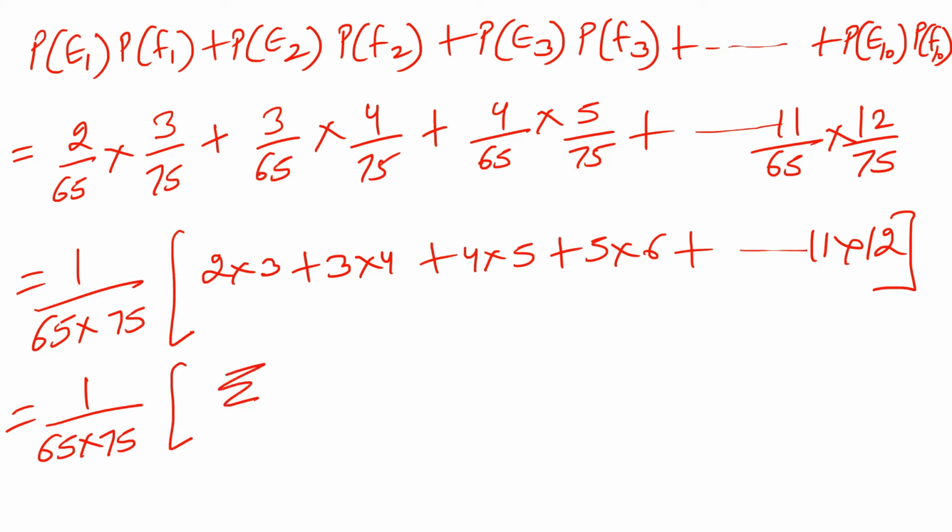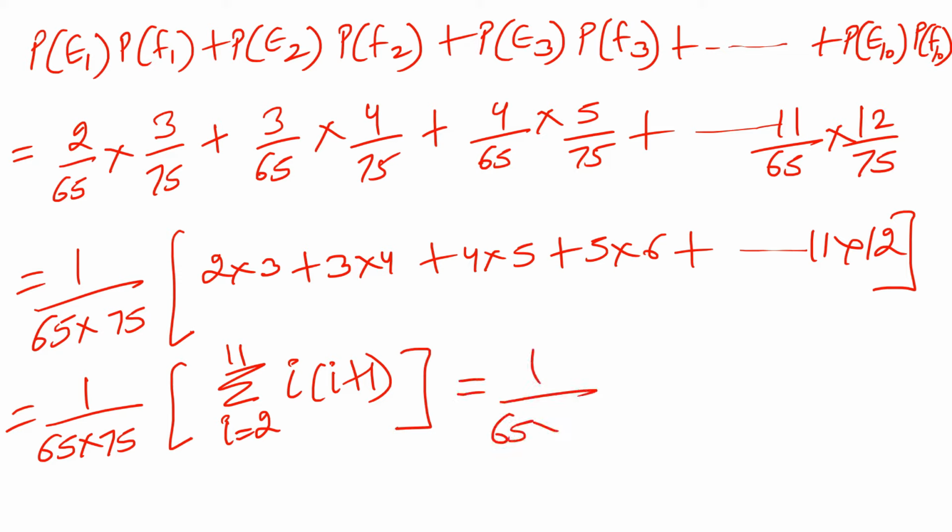be written as now summation of I into I plus 1, where I varies from 2 to 11. Fine. This can further be written as 1 upon 65 into 75.